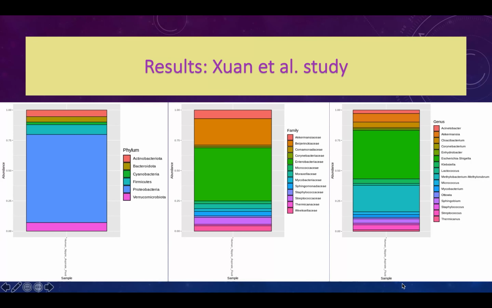So for the Xuan et al. study, these are the results from the DADA2 analysis of the Xuan data, where these are the proportional abundance plots at the phylum, family, and genus levels.